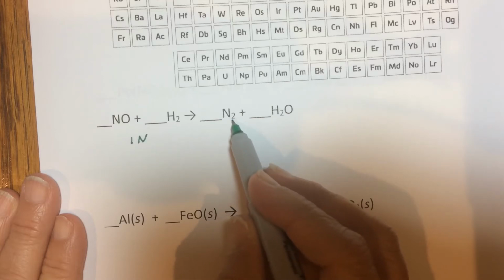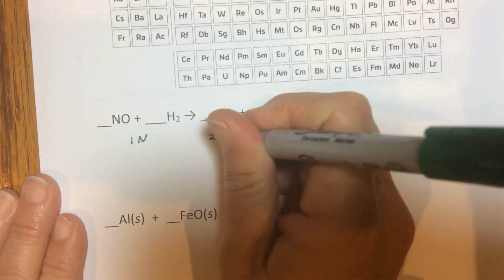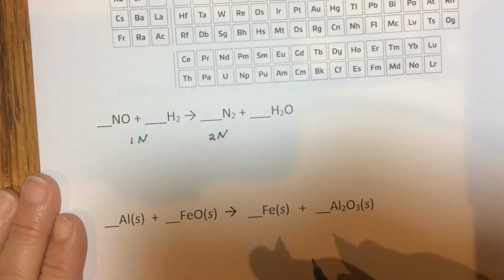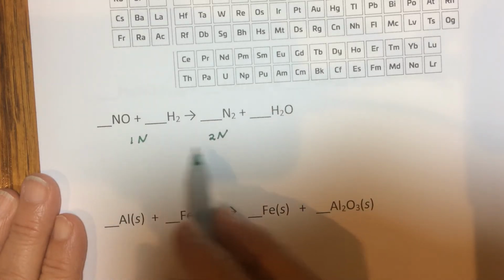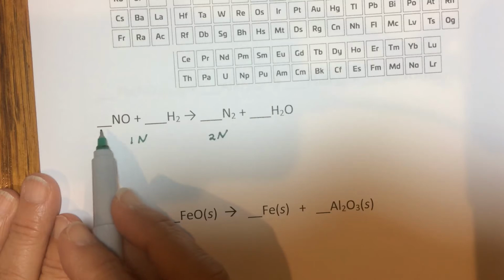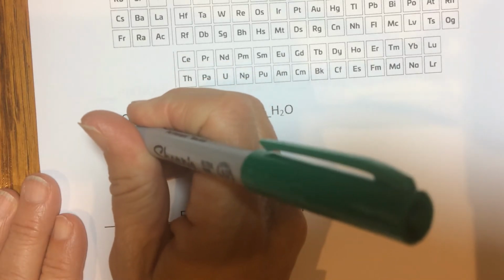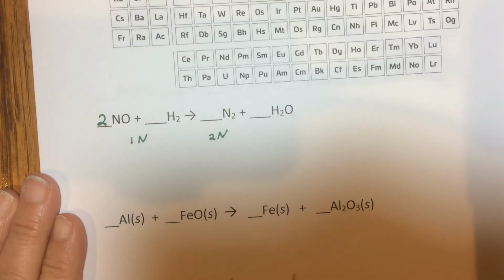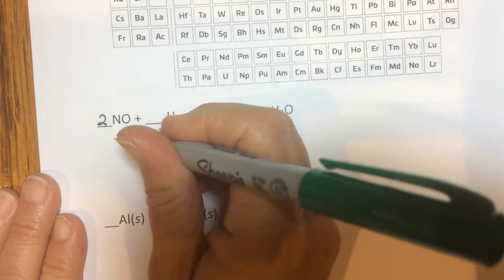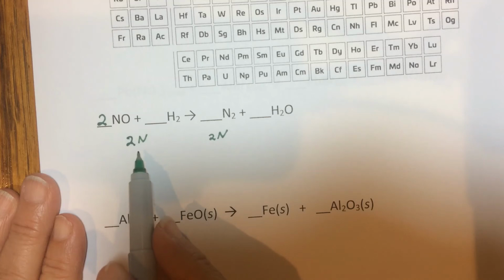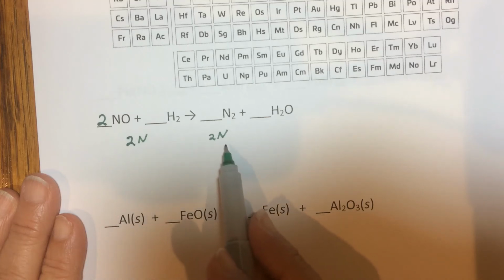That means I've got 2 nitrogens. So the way we change the number of nitrogens is by changing the coefficient, which is the number in front. If I change that to a 2, now I've got 2 nitrogens in the reactant side and 2 nitrogens in the product side. So let's look at the oxygen next.